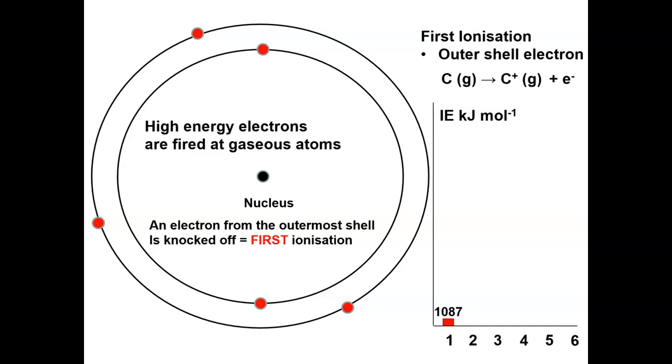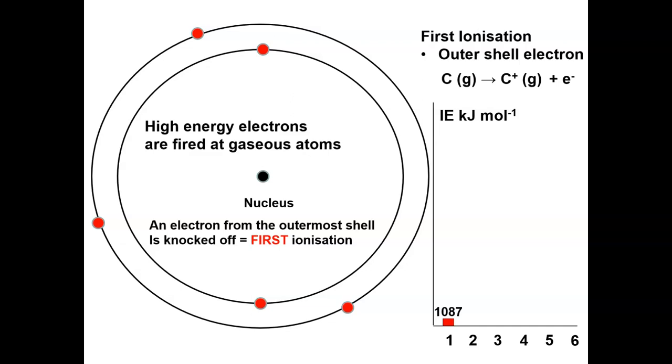That will give us C2+ gas with the loss of a second electron. The third ionization would be when we go from C2+ gas to C3+ gas with the loss of a third electron. So remember, these are always gaseous and they always go up one electron lost at a time.